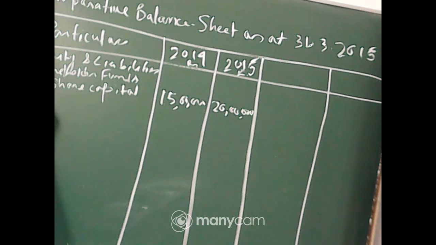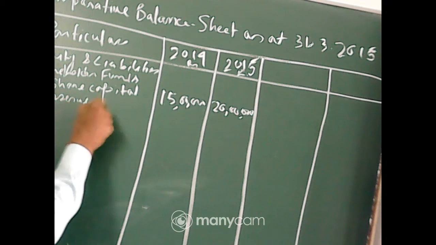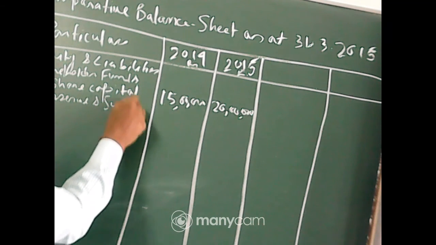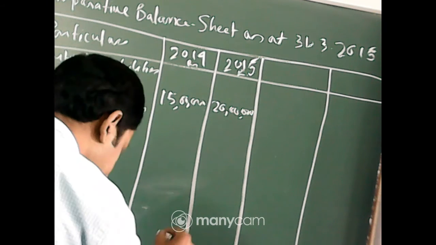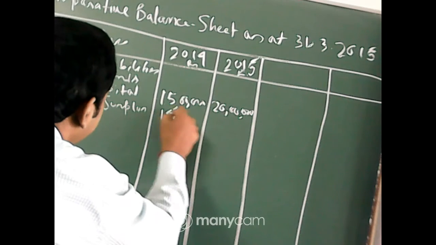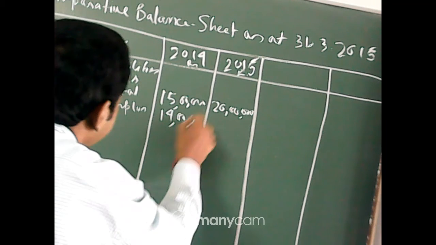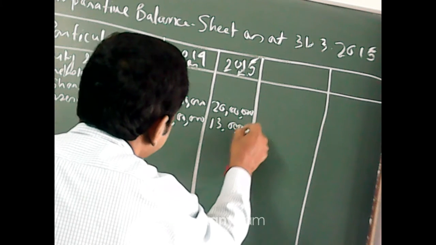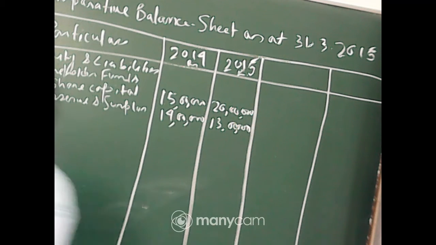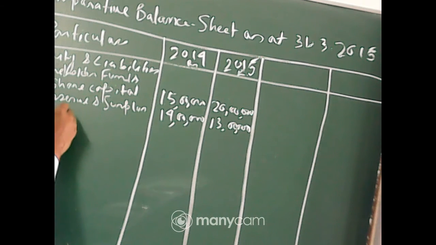Now second is reserve and surplus. In reserve and surplus, the 2014 figure we will write first, that is 14 lakh, and there is 13 lakh. Okay. Now non-current liabilities, number 2.